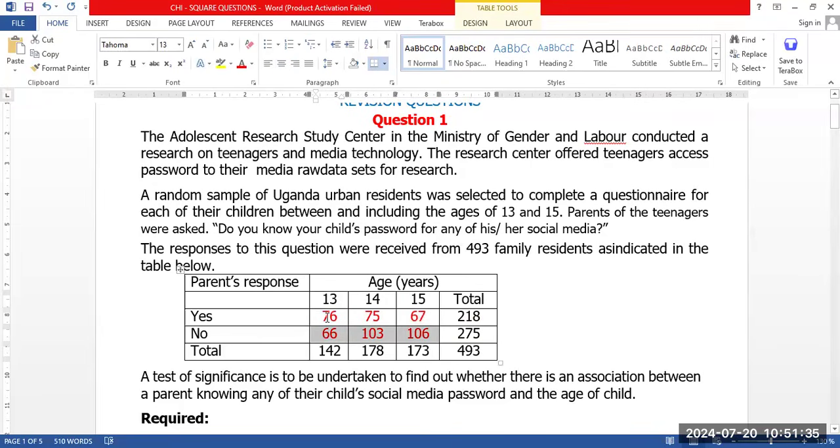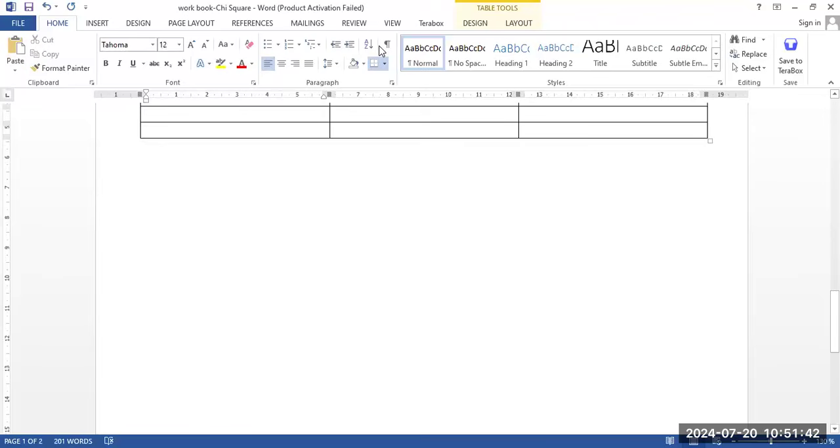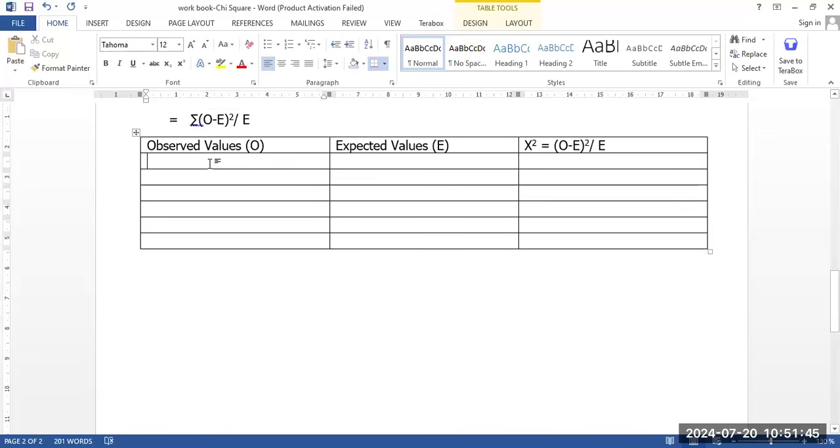So we are going to start with 70, then we will go to 76, then 75, followed by 67, next 66, then next 103, then finally 106.